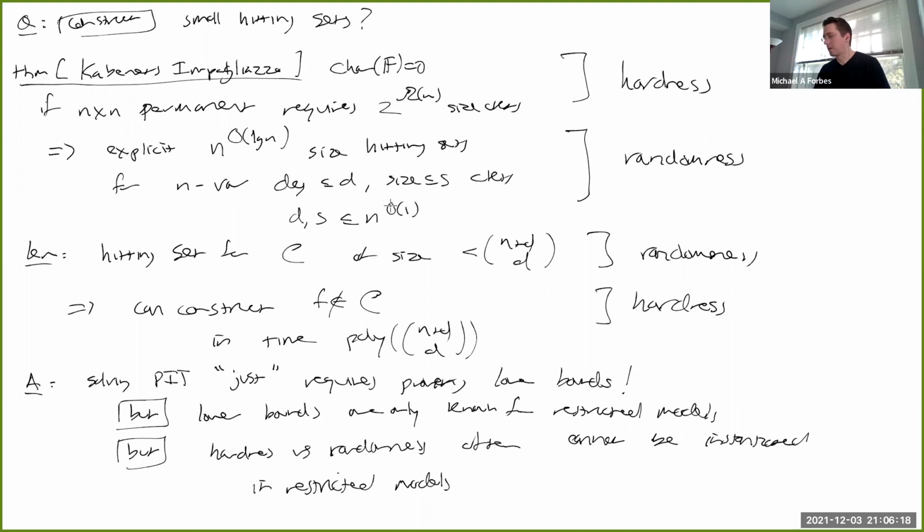But what if I said, the permanent requires 2 to the n^omega sized non-commutative formulas or something like that? Is it the case that we get polynomial identity testing for non-commutative formulas? The difficulty is that that's not necessarily true, because the non-commutative formulas might be too restricted to actually instantiate this connection. So even though we have lower bounds for many restricted models, we can't necessarily, in many cases, just plug in the Kabanets-Impagliazzo result to get a PIT algorithm. Oftentimes, we actually have to do more to obtain those results.